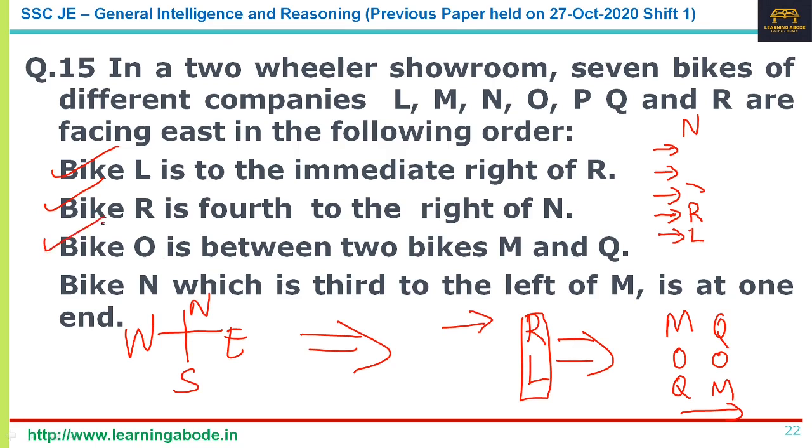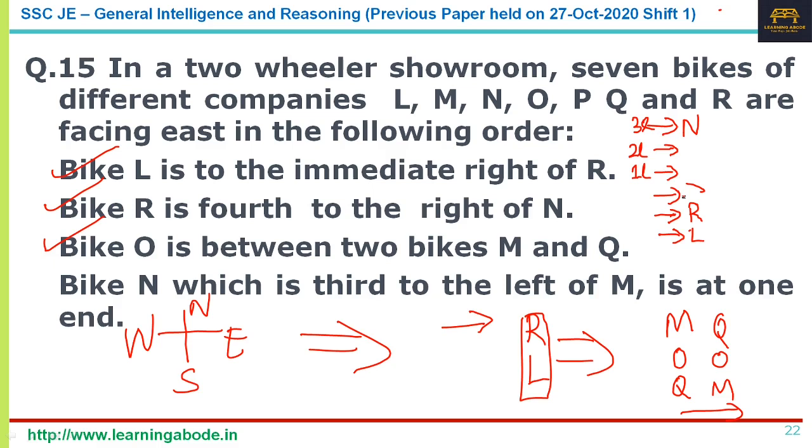Now the last statement: bike N, which is third to the left of M, is at one end. So N is at one end, and N is third to the left of M. So this is third left, second left, first left, and here is M. Now we have two orders, MOQ or QOM.